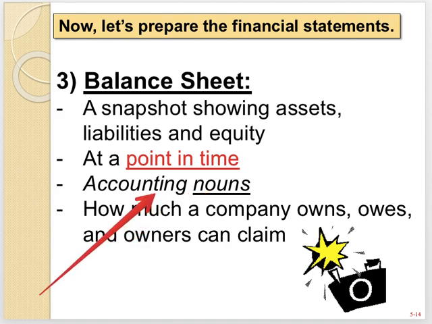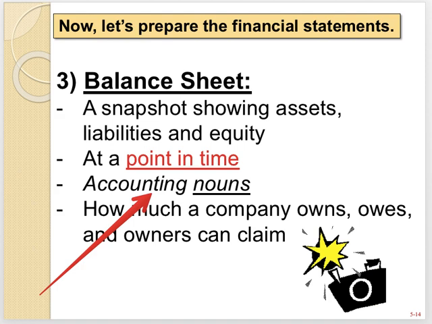So you have cash, and your cash can be high and it can be low, but your cash is going to go up and down, and all of your assets and liabilities are going to be going up and down all period long. But really, the balance sheet is just showing, well, what did we have at the end? Okay, so just think of it like your bank statement. What did I have at the end of the month?